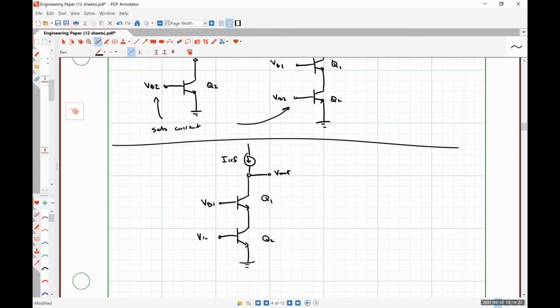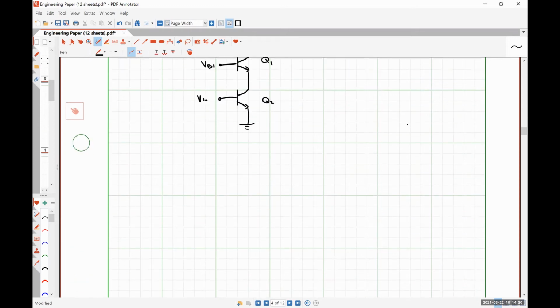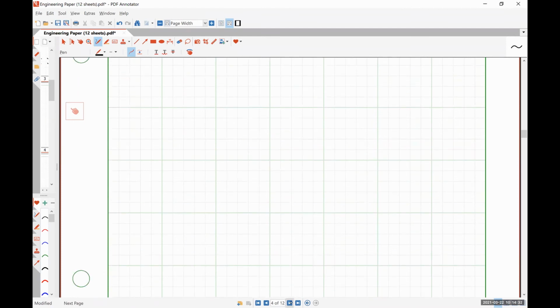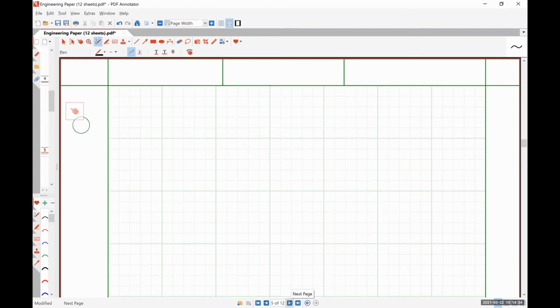Okay, so let's move along to a similar but different topic. What if I had the following circuit?